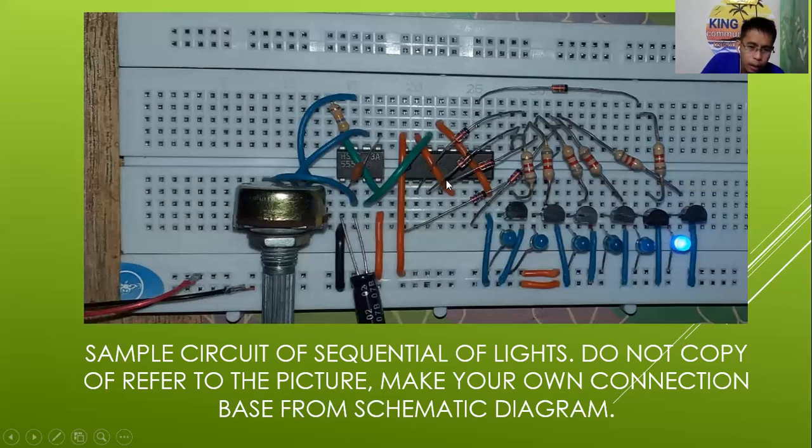Okay, pin 3 papunta ng signal diode, papunta sa pin ng resistor, then sa base ng transistor, and then yung transistor, yung emitter connected sa emitter, yung positive, yung collector niya ay connected sa LED going to positive and so on. Just repeat the process hanggang magkaroon tayo ng sequence of light.